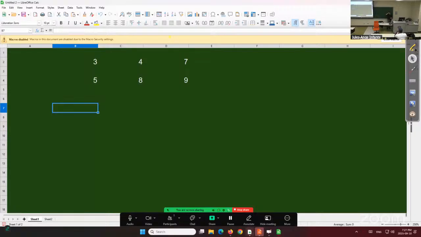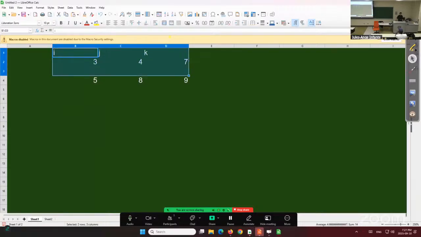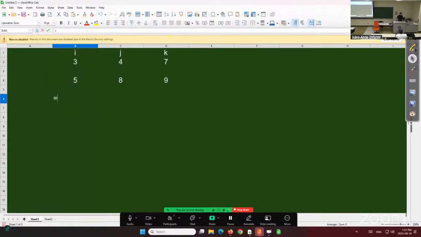How do I mechanically add two vectors together? Add each component: 3 plus 5 is 8, 4 plus 8 is 12, 7 plus 9 is 16. So the result is the vector 8, 12, 16.